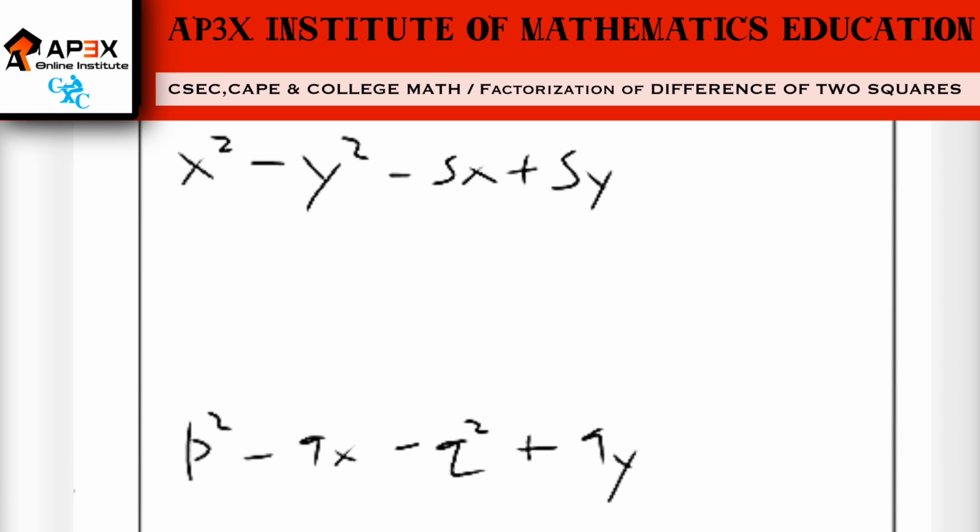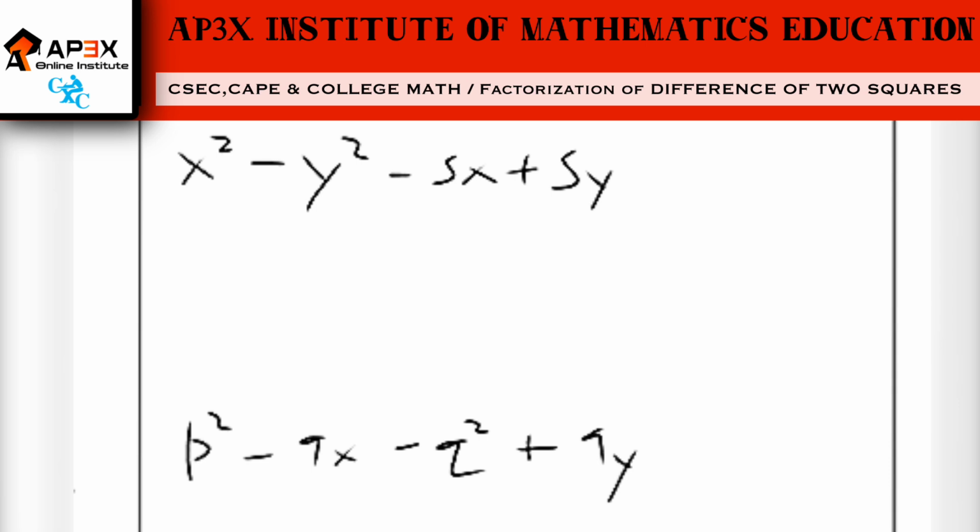And this is obviously a grouping question, but it's a grouping question that contains, guess what, guys? The difference of two squares. And it also contains the HCF, as well as the grouping technique. So it's one of those questions that comprises 3 factoring techniques.